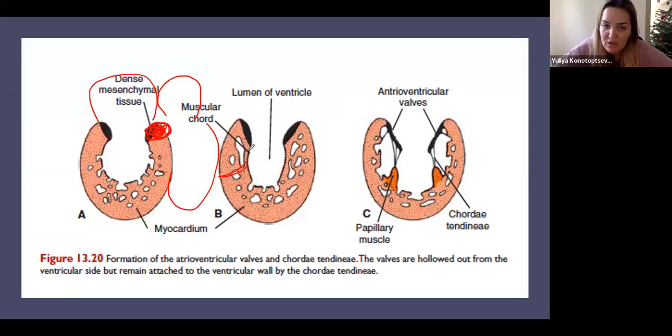So it stays as it is. It doesn't die. So these particular remnants of the mesenchyme that is lining the lumen will become the chorda tendineae, right? If you take a closer look here, they used to line a certain piece of a muscle here. This muscle becomes apoptotic, right? It dies, but it's not removed because it is lined by the mesenchyme.